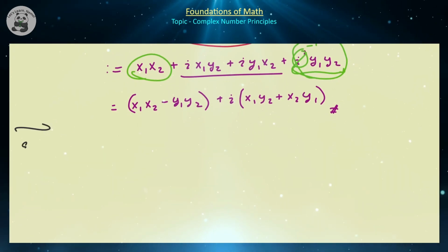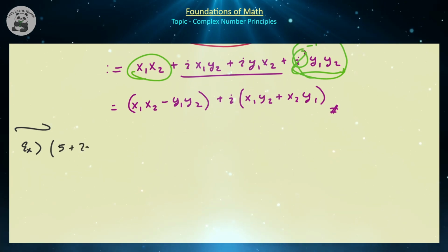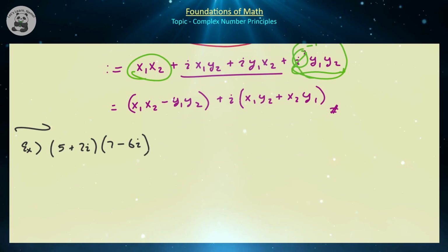So let's just work through a quick numerical example. Suppose somebody says, okay, well, what is 5 plus 2i times 7 minus 6i? So we would distribute this as normal, so that's going to be 7 times 5, which is 35, 6 times 5, which is going to be 30i, and then 2i times 7, which is going to be 14i, and then 2i times minus 6i is going to be equal to minus 12i squared.